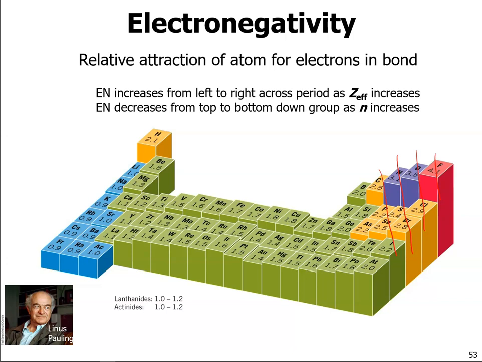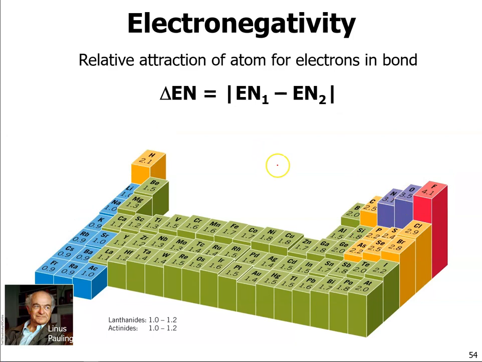We can determine how electronegative these elements are based off of where they are on the periodic table. And this gives a quantitative basis for the difference in electronegativity and the estimate of the bond polarity here.